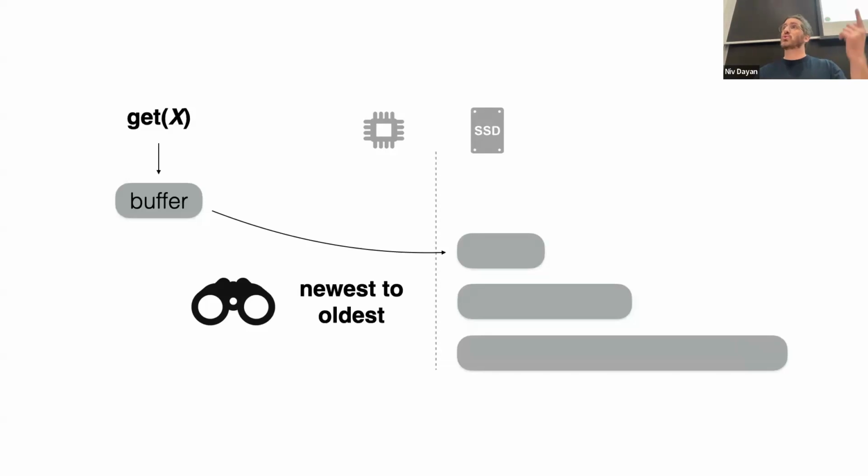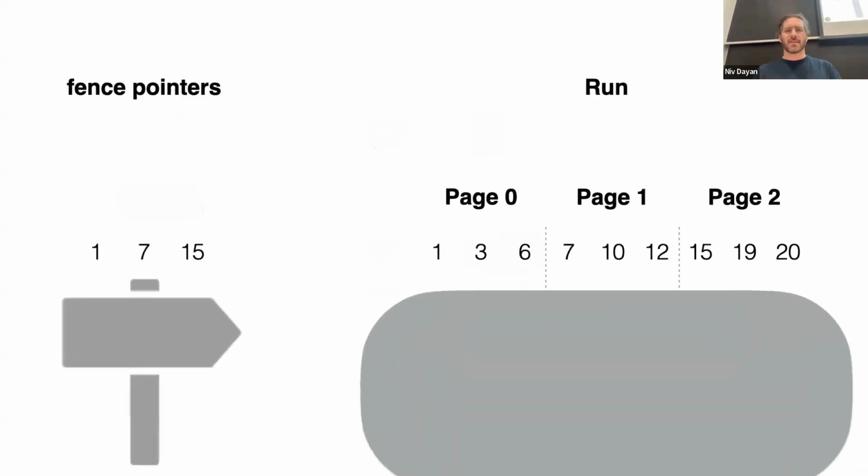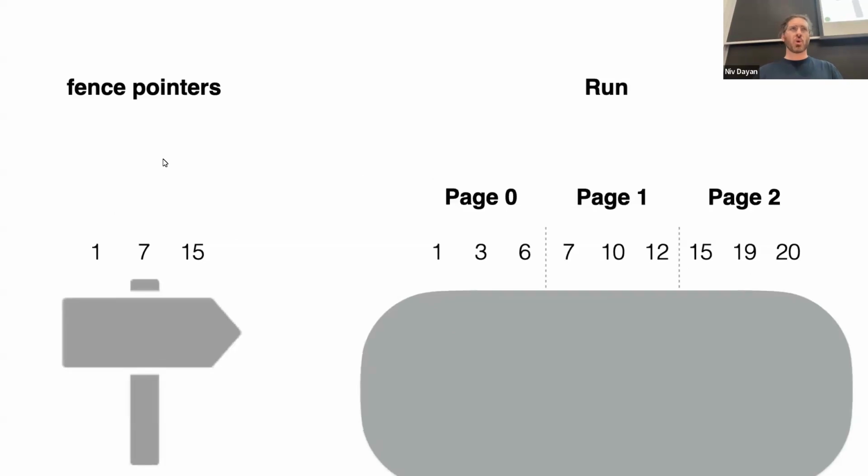A lookup has to search the different levels from smallest to largest. The most naive way of searching these is doing some sort of binary search, but this binary search in storage will typically be way too slow. So typically we have these fence pointers, which contain the first key of every page in storage.